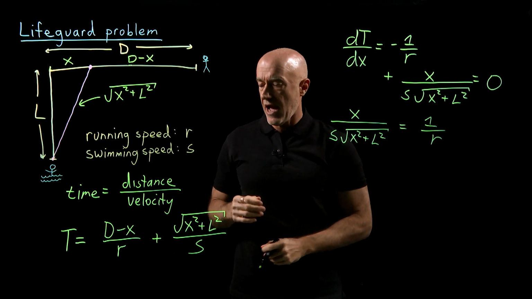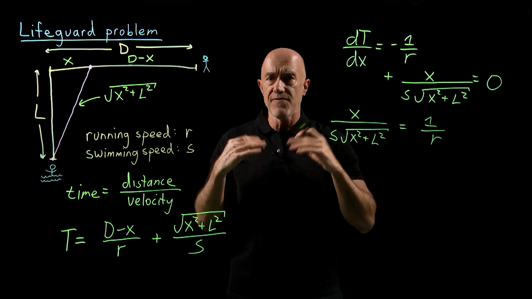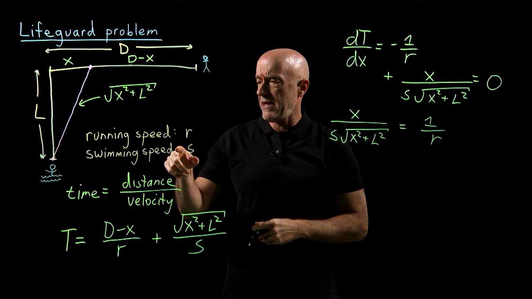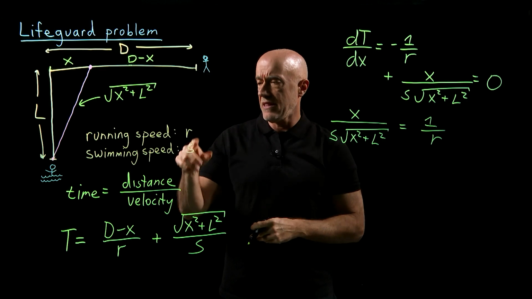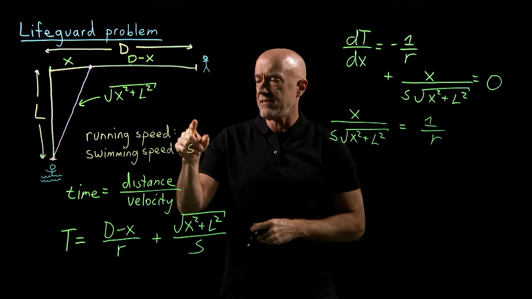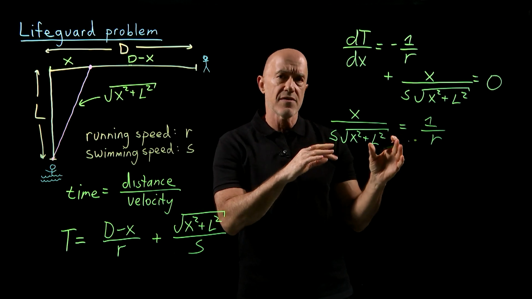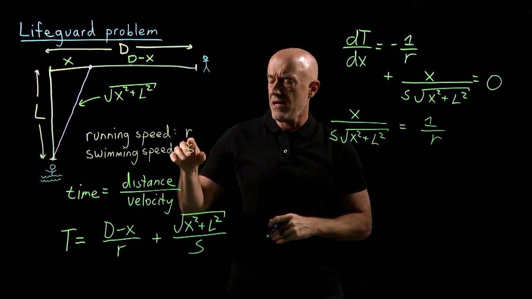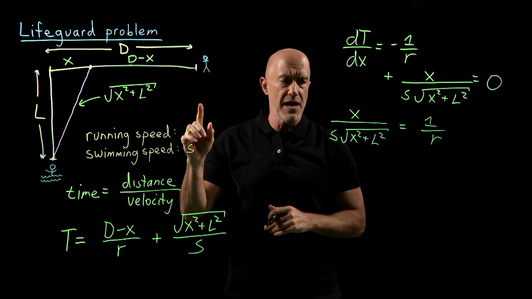So finally, I would want to have some physics here. The swimming speed is less than the running speed. s is less than r. So I would like to write the resulting expression in terms of s divided by r.